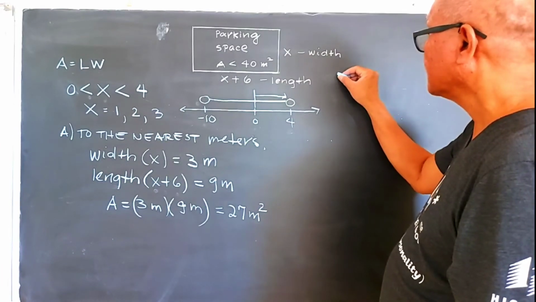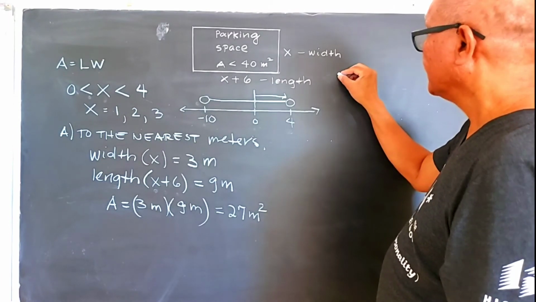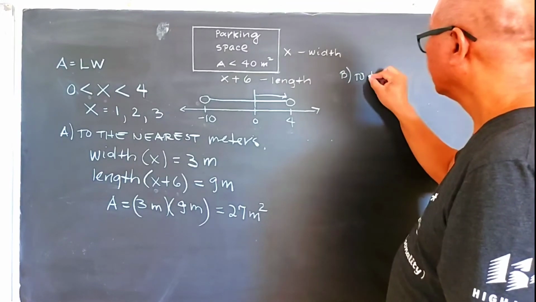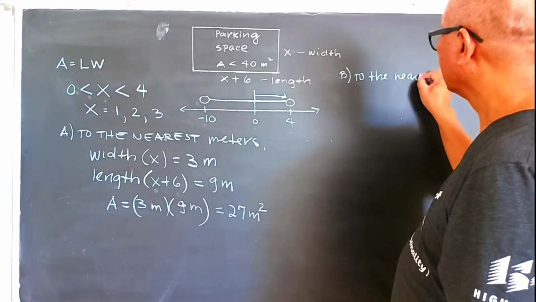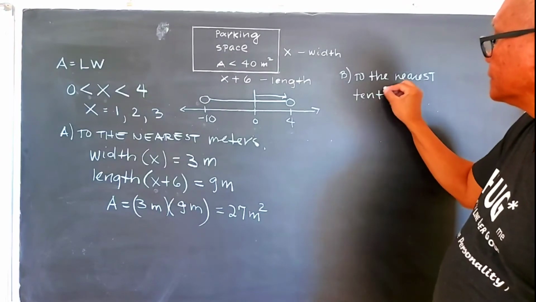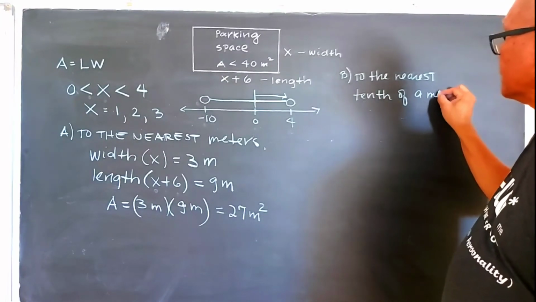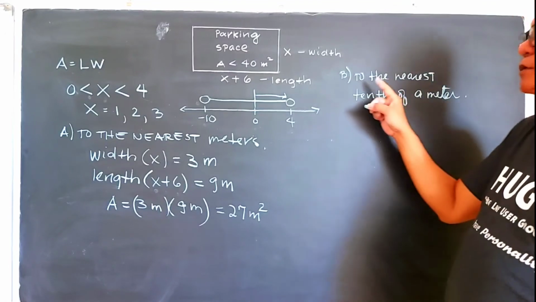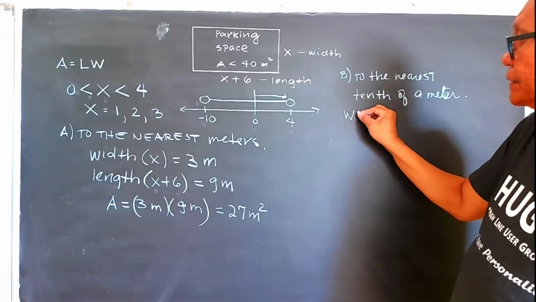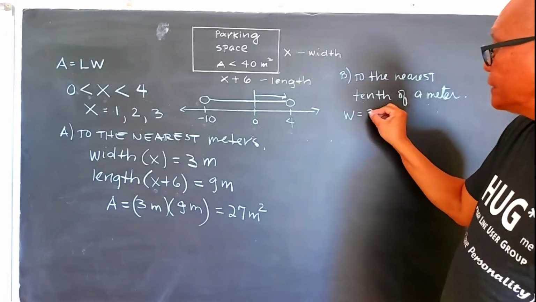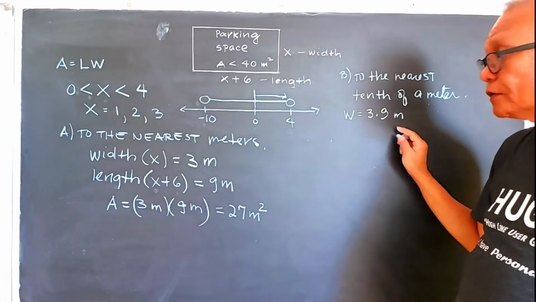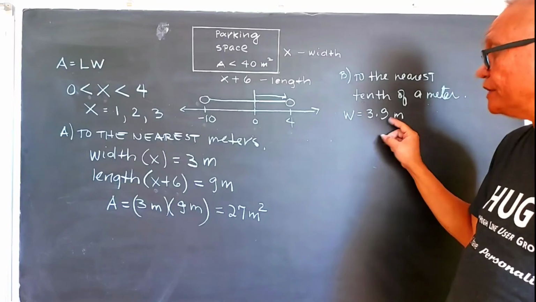Now, to the nearest tenth of a meter, our width will be 3.9 meters. Before the 4, we cannot have the 4. 3.9 to the tenth of a meter.